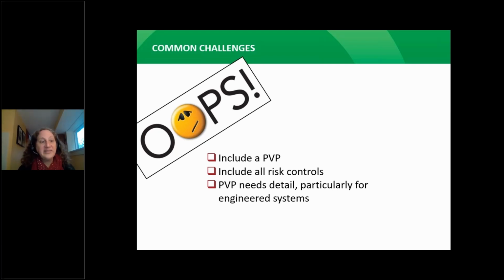And the common example that was provided during this presentation, the poll question, is when practitioners omit a PVP for a soil cover. And finally, sometimes it's observed that PVPs need a little bit more detail, particularly for high-risk sites that require complex engineering systems as a risk control. Next slide, please.